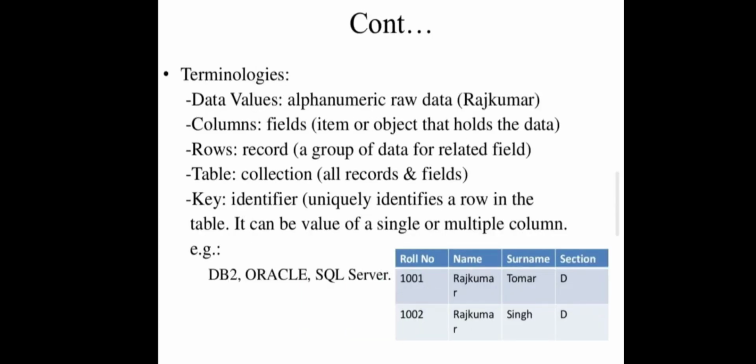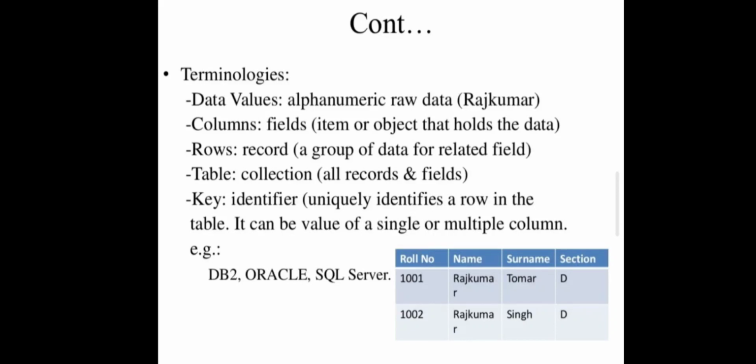Next, what is data values? Alphanumerical raw data, like numerical data and character data. That is the alphanumerical data. Columns, fields, items or objects that hold the data. Rows record a group of data for related fields. Table, a collection of all records and fields.